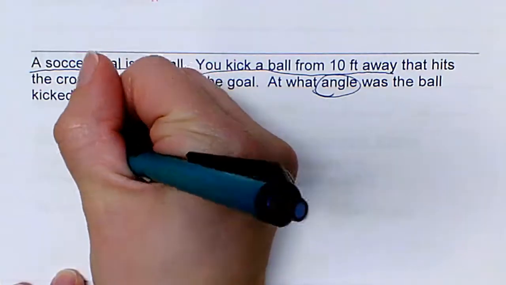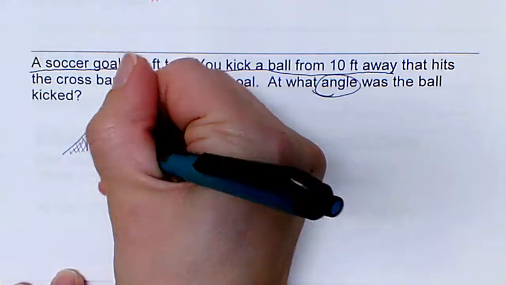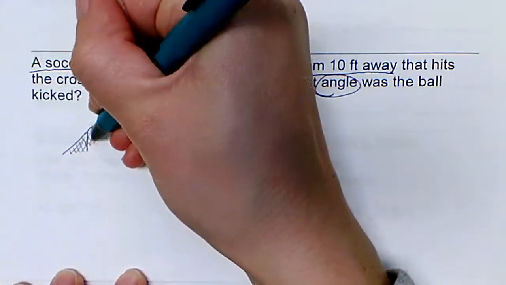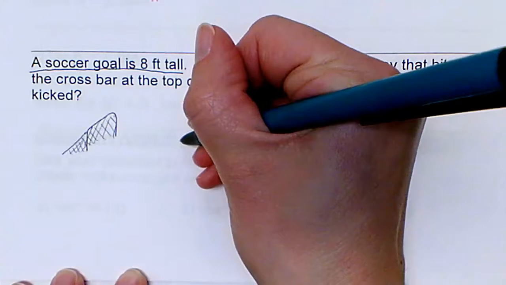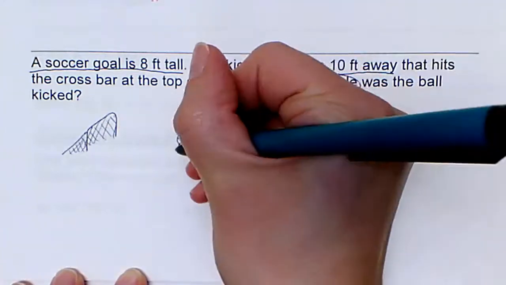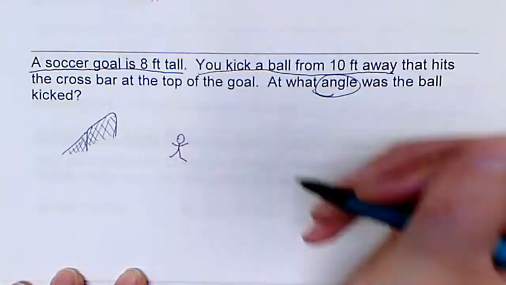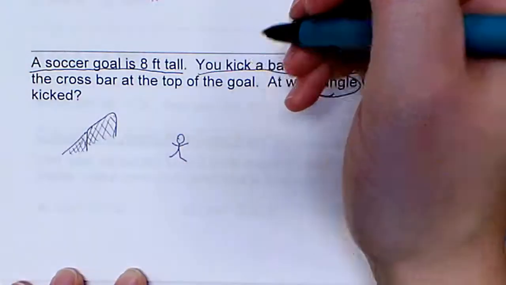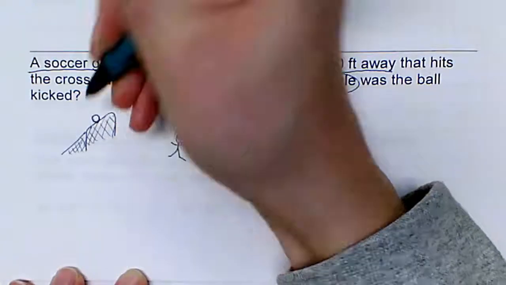And maybe it comes out like this. And maybe we've got all these pieces. There we go. And then we've got you over here, and you kick the ball. And the ball's right here, and it sails up and it's going to hit right here at the top.